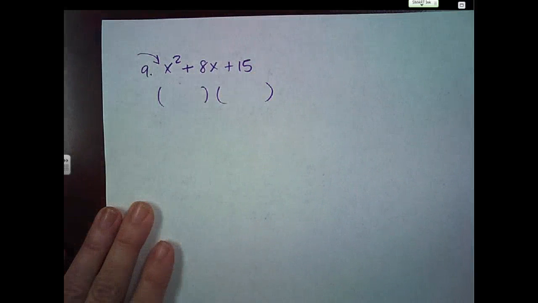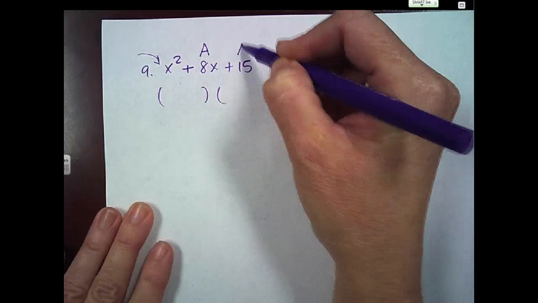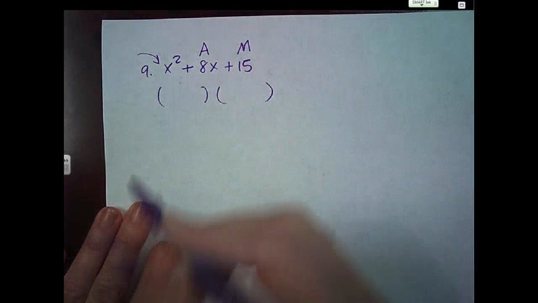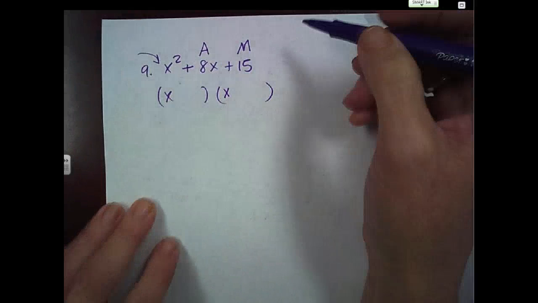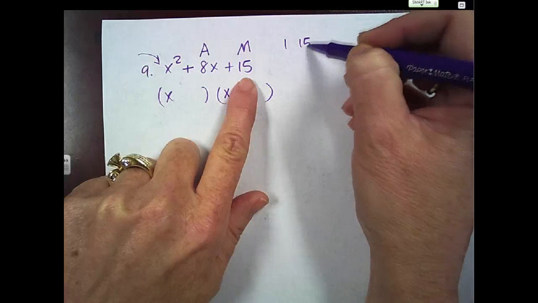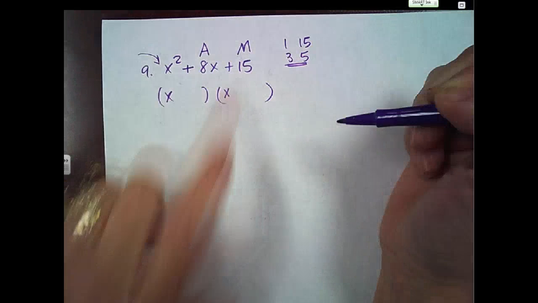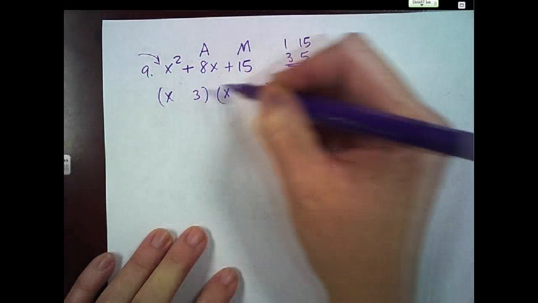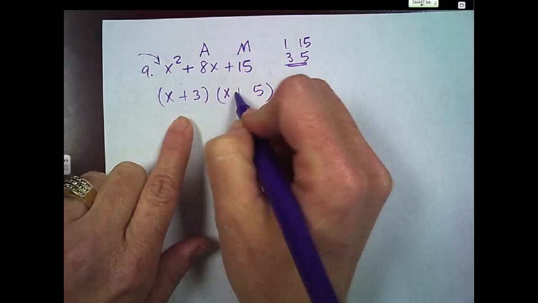And then your trick, you want numbers that add to give you 8 and multiply to give you 15, right? So then your x goes here and here. So what are factors of 15? 1 and 15 doesn't give me 8. 3 and 5, there it is. So you just put your 3 and 5 here, and then check your signs. Everything's positive? Yes.